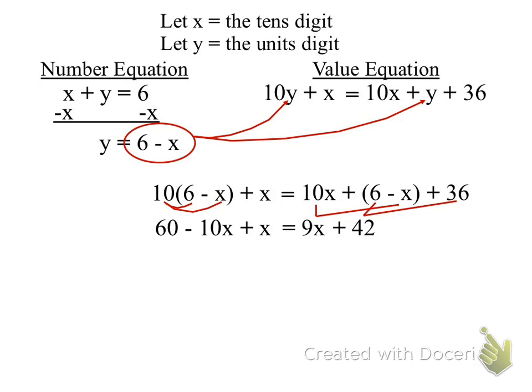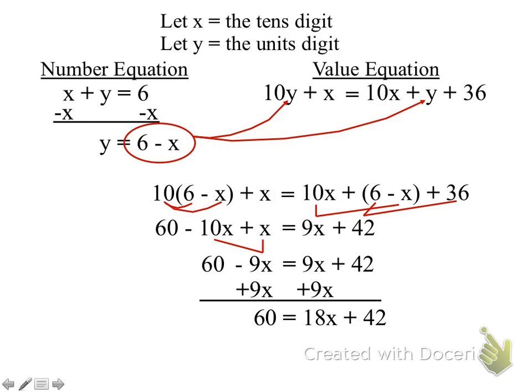Okay. Next step. How about first you combine on each side? Negative 10x plus x. Good.